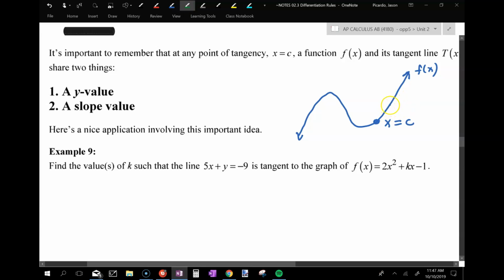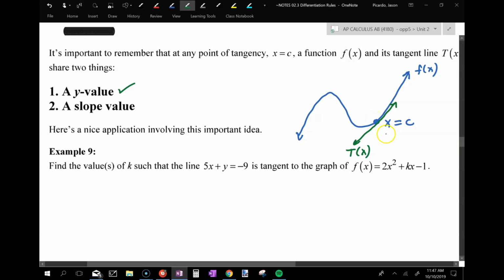If I was to draw in my tangent line, and we were to call this tangent line t of x, what does t of x share with f of x? Well, they share the y value. They share whatever this point is, right?